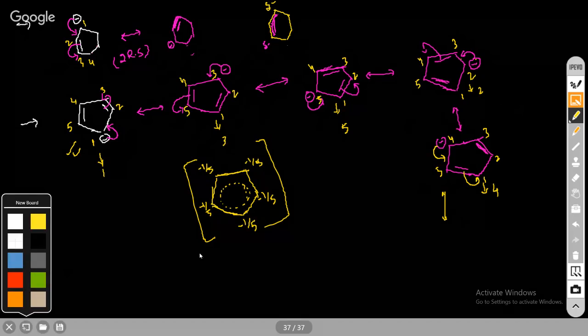Now next one you see, in resonance we have two types of effect, that is plus R effect or minus R effect, like yesterday we have done in the class plus I and minus I. Okay.